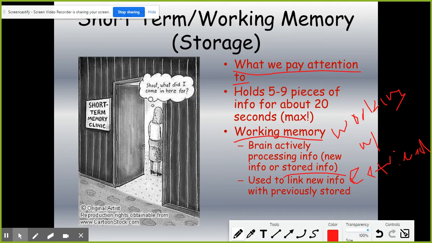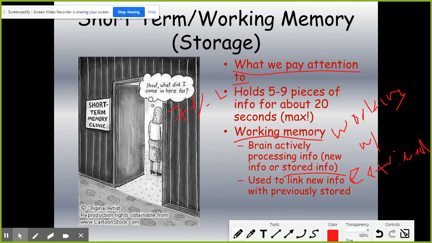Now, short-term or working memory is limited. We can only deal with about 5 to 9 individual pieces of information at once, or 7 plus or minus 2.